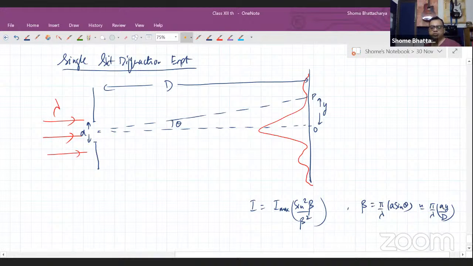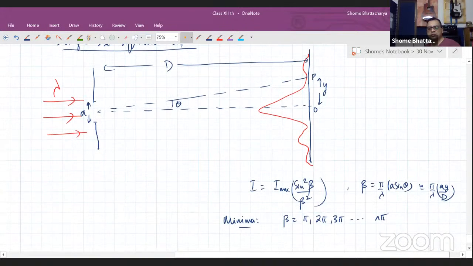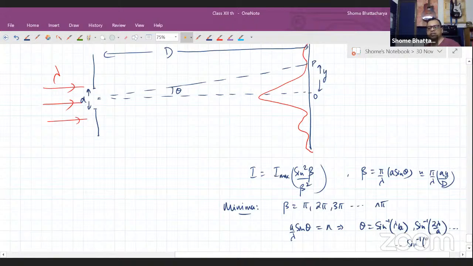So we got, for example, the position of the minima. Minima was the position where beta is equal to pi, 2 pi, like this, n pi. So basically a by lambda sine theta was equal to n, or theta is equal to sine inverse lambda by a, sine inverse 2 lambda by a, and like this, sine inverse n lambda by a.